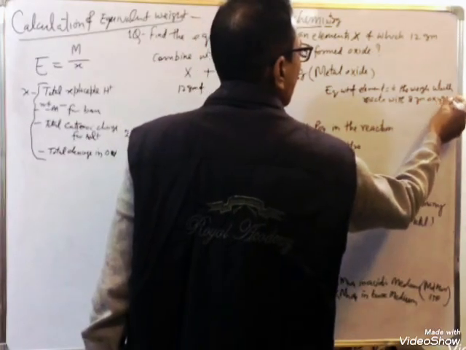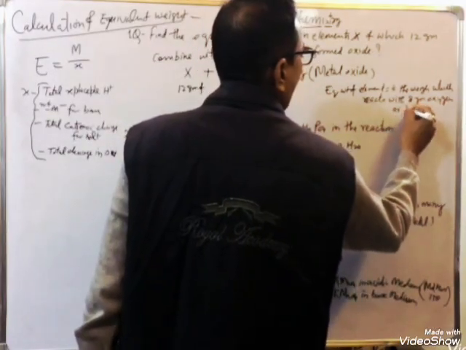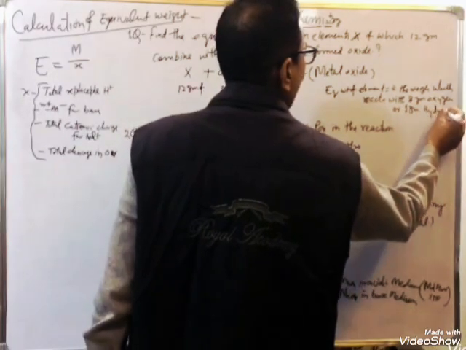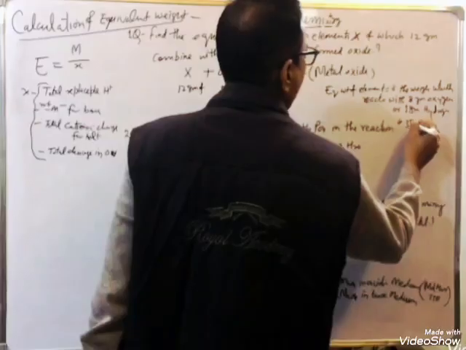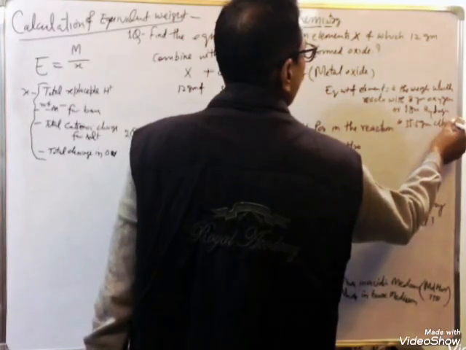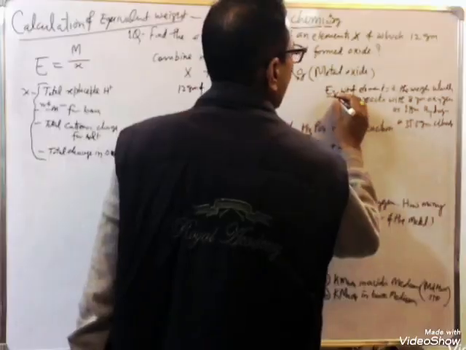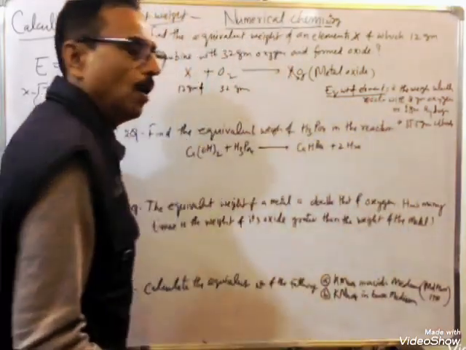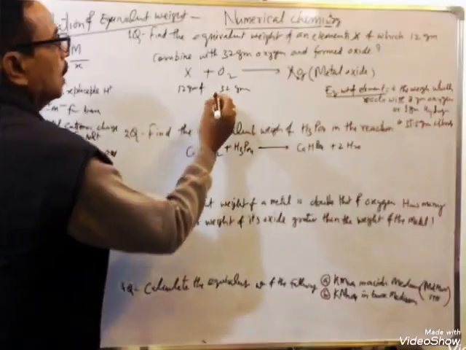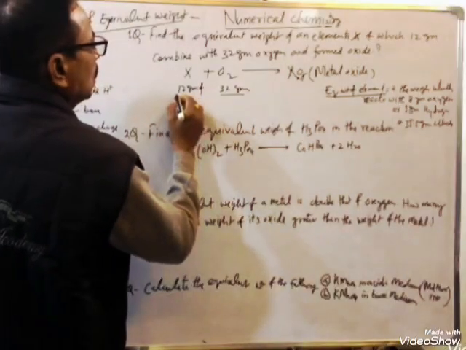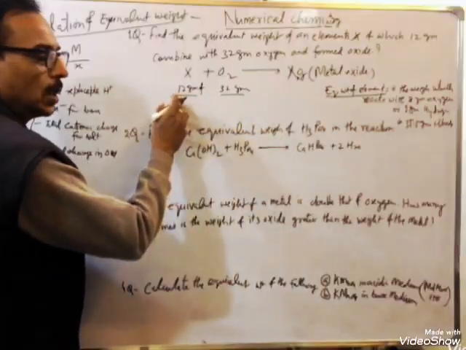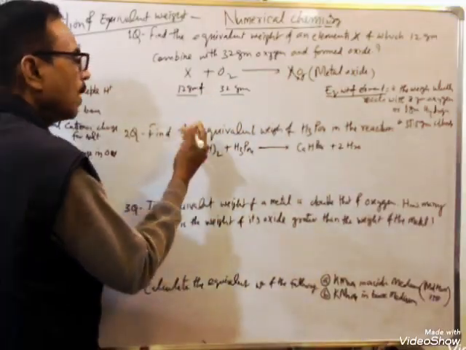I have told you earlier, 8 gram oxygen or 1 gram hydrogen or 35.5 gram chlorine. This is the definition of equivalent weight of an element. So it is very clear. 32 gram reacts with 12 gram. So for 8 gram, how much X is required is the equivalent weight of X.